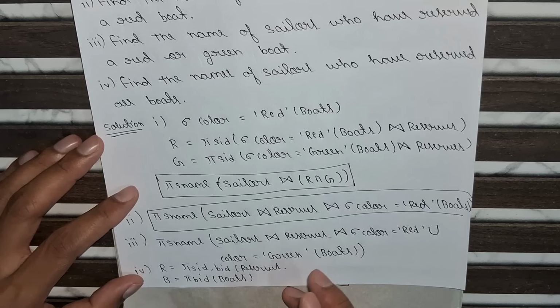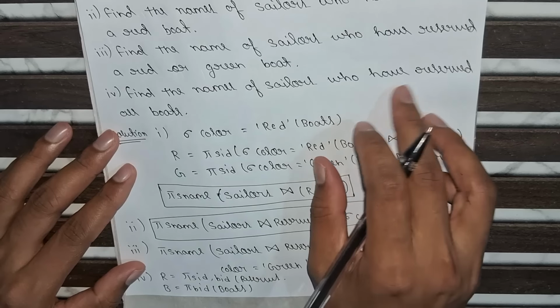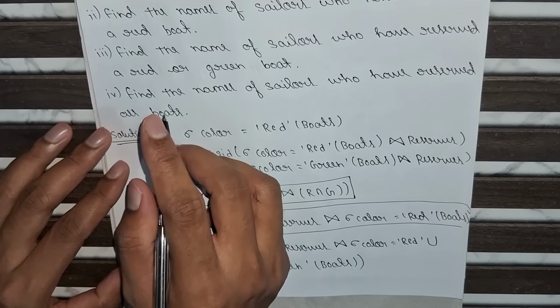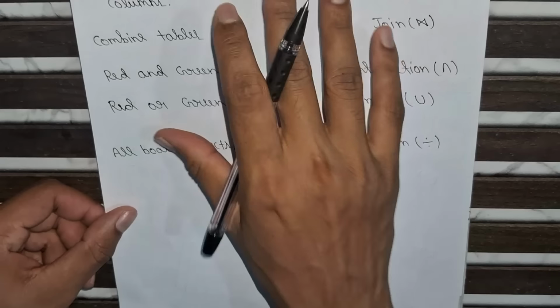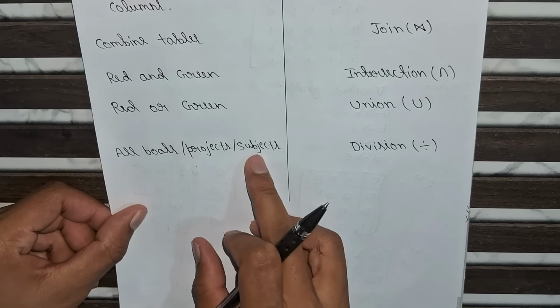Now apply division here, because the question asks to find the names of sellers who have reserved all boards. So here all is used. For all we know that we will use division, as we have clearly seen in this table. For all boards and all projects, like all subjects, we will use division.